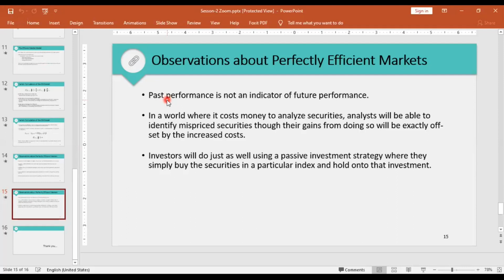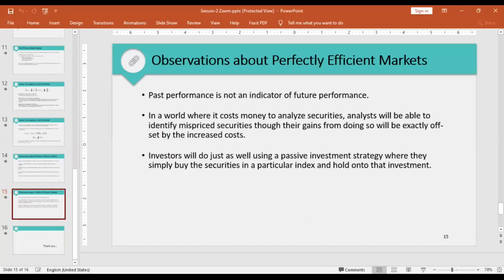And the last point is investors will do just as well as using a passive investment strategy, where they simply buy securities in a particular index and hold that investment. So these last two paras are connected together. Even though you have sophisticated investment analysis techniques and you have a big computer system where you could analyze big data coming into the system to find out mispriced assets over the world or maybe in a country, in a share market, theoretically you could generate an abnormal return.